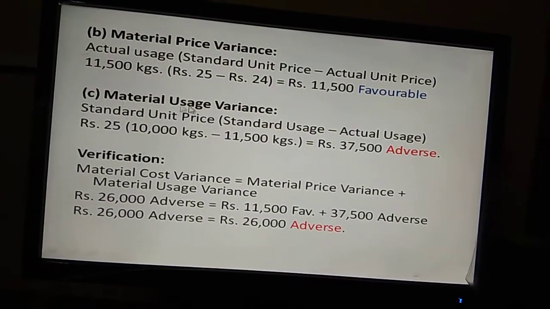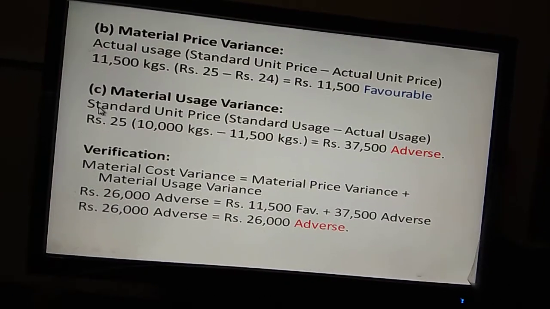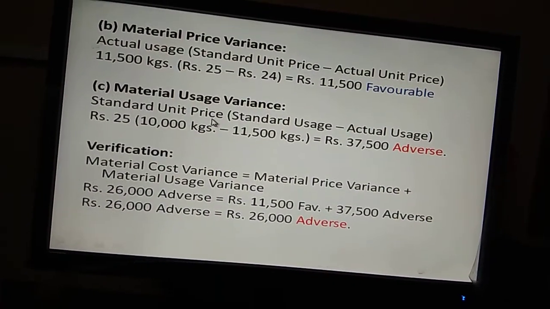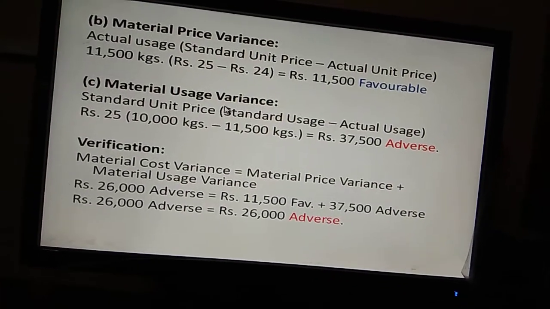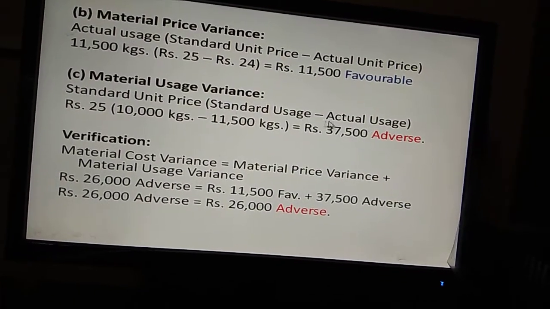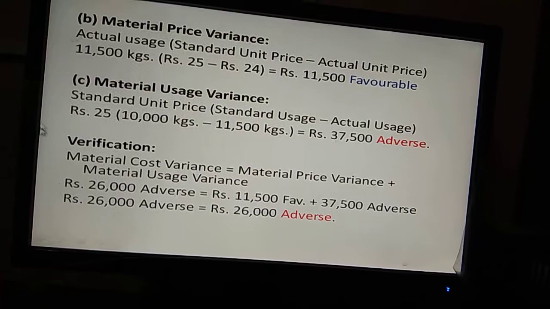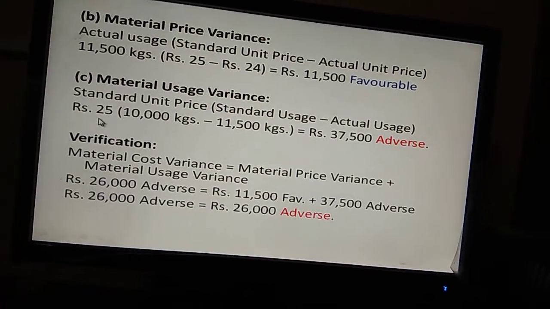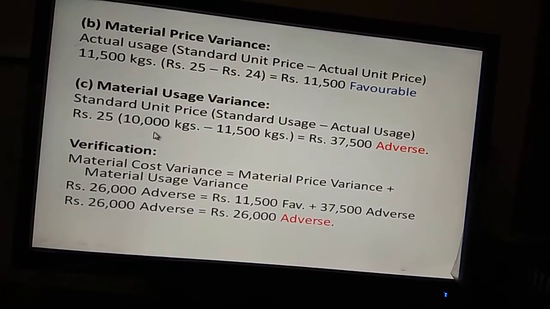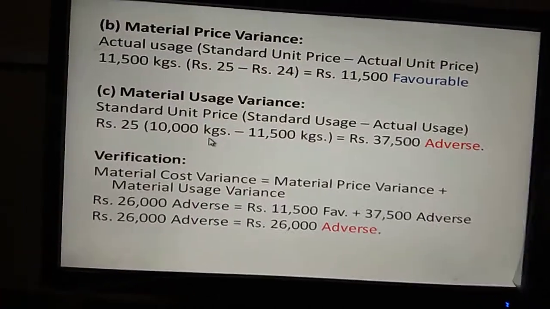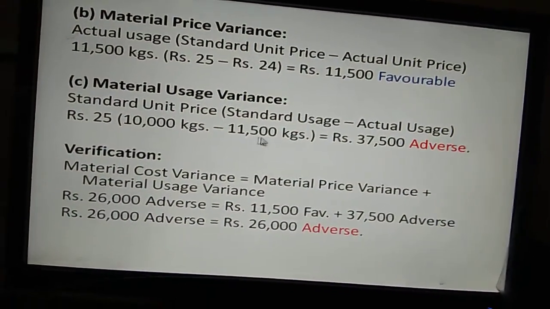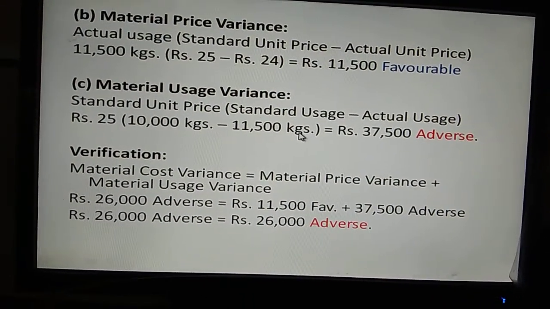Now I'll go to the material usage variance. So the formula is standard unit price into the difference between the standard usage and the actual usage. So standard unit price is rupees 25. The standard usage is 10,000 kgs and the actual usage is 11,500 kgs.